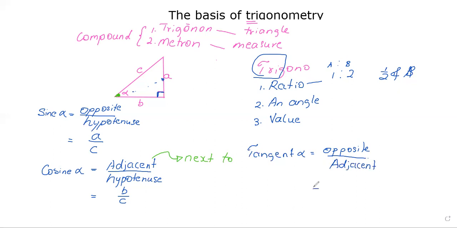And the side that is opposite to this angle here, we know that the side is A, adjacent is B. So the tangent of alpha is A over B.